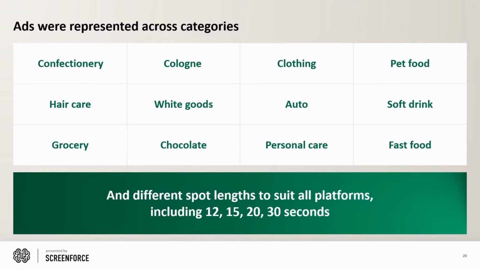On top of that, we've picked a really good cross-section of categories. We're not just picking FMCG, we also have picked auto, perfume or cologne, clothing, fast food. We wanted to make sure that we represented all different categories so that it wasn't the ad impact that we're measuring, it's the platform that we're measuring.